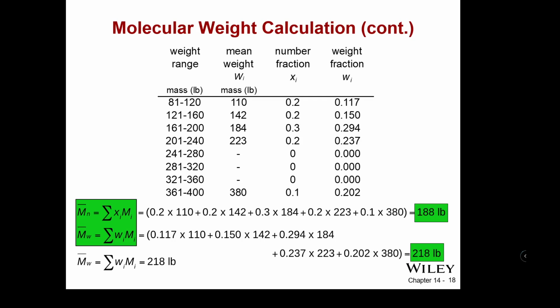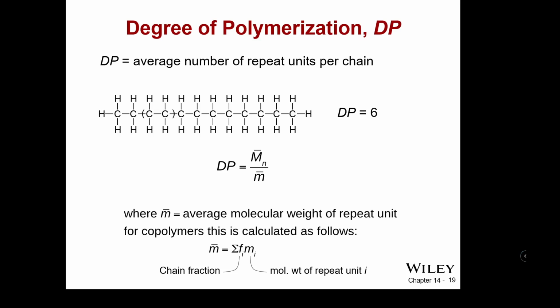The weight fraction based molecular average weight becomes 218 pounds. So this gives us a pretty significant difference. The average weight of the class being 188 or 218 pounds.